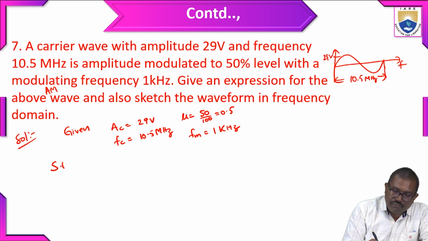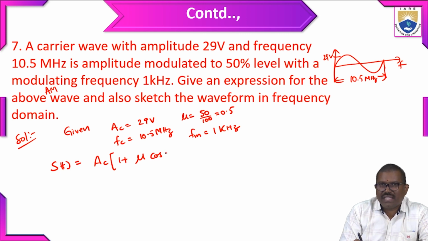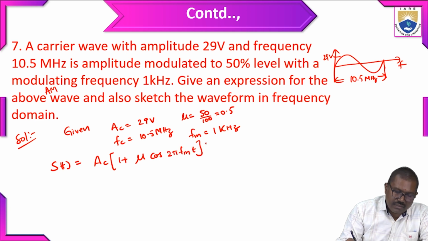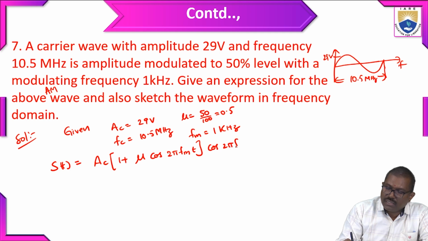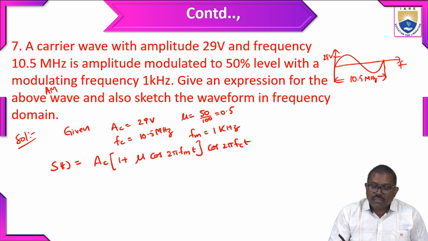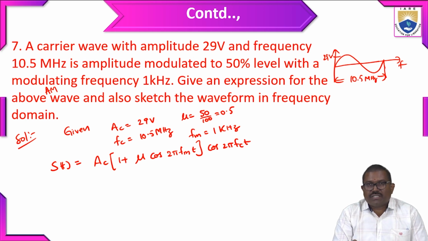Here S of t is the modulated signal, that is AC into 1 plus mu cos omega mt, or you can write 2 pi fmt, into cos 2 pi fct. Here you can substitute the values in the given expression, then you get the full expression for the given amplitude modulated wave.